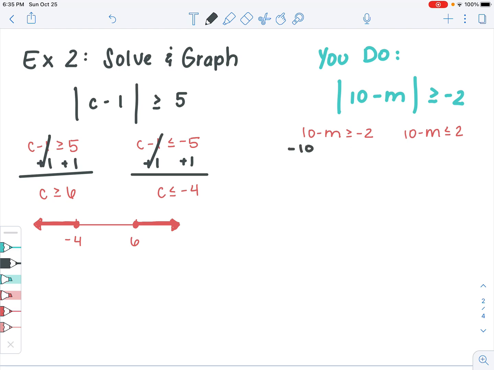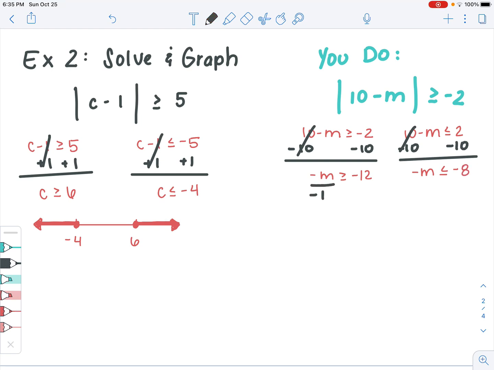We're going to subtract 10, subtract 10. I'm going to do it right across because I know I'm going to take the same steps for both of these. Let's get rid of my 10s. Negative m is greater than or equal to negative 12, and negative m is less than or equal to 2 minus 10, which is negative 8.